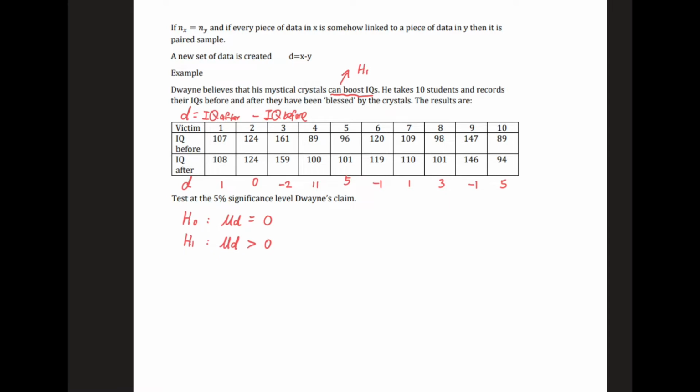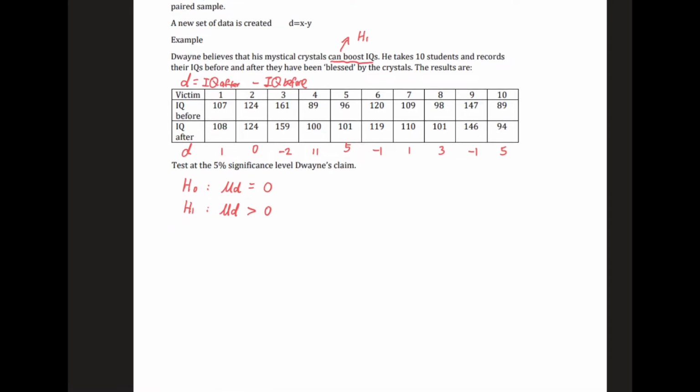Then we continue. We have to use D. Instead of this, can we use after minus before instead of difference? So after minus before is 0 for the null hypothesis, and after minus before is more than 0 if proven.